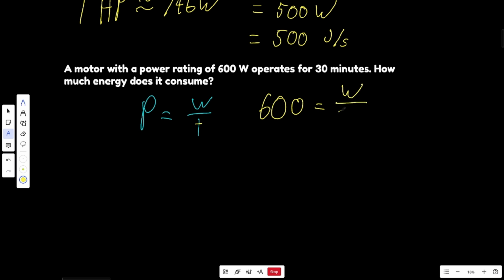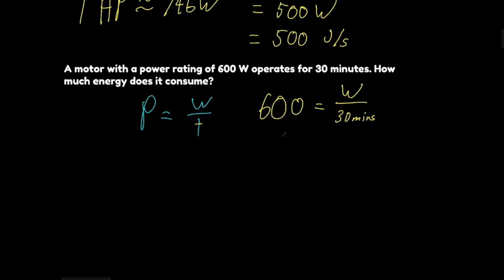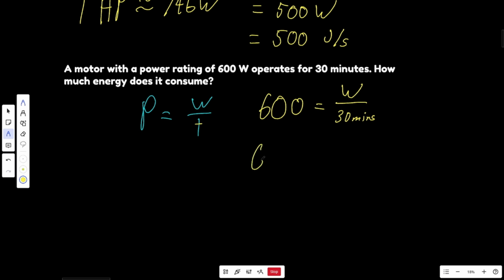We're given time, which is 30 minutes. Now, like I said earlier, it has to be converted into seconds. So converting the 30 minutes into seconds, we do 30 times 60, we get 600 is equal to the amount of work over 1,800 seconds.